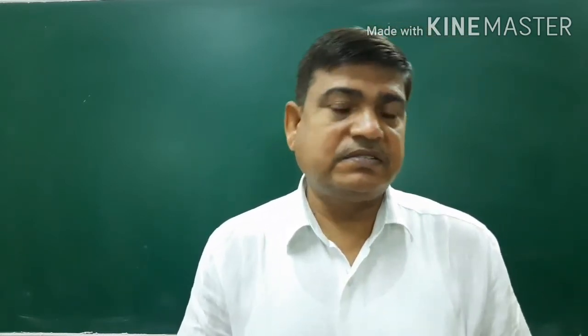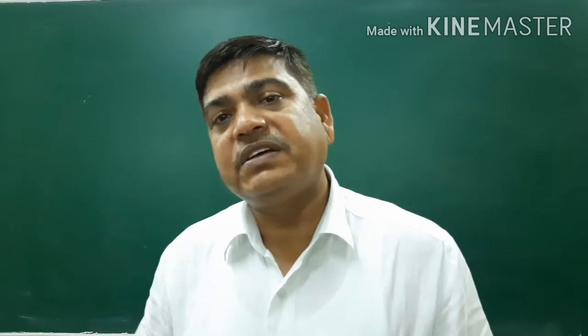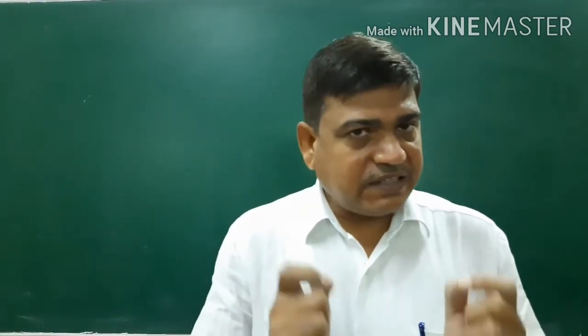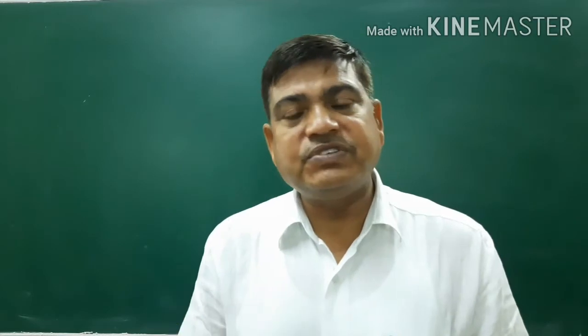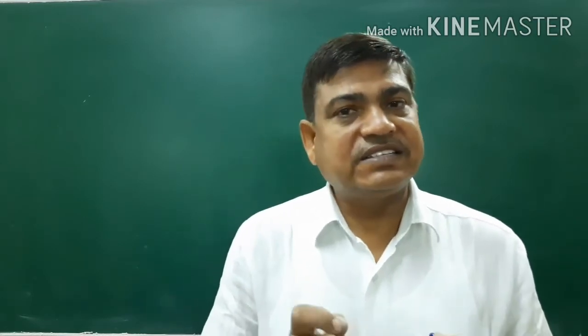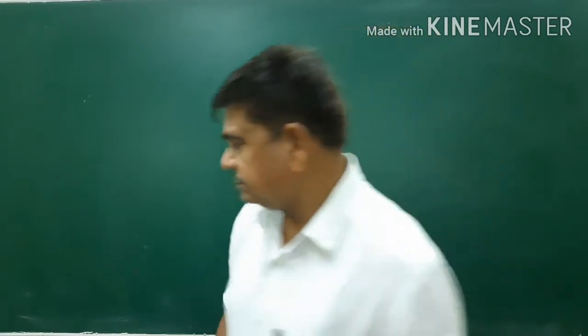Yesterday I explained vector space is a special type of algebraic structure. In this algebraic structure, we have two types of binary composition: one is internal binary composition and the other is external binary composition. So let us continue.